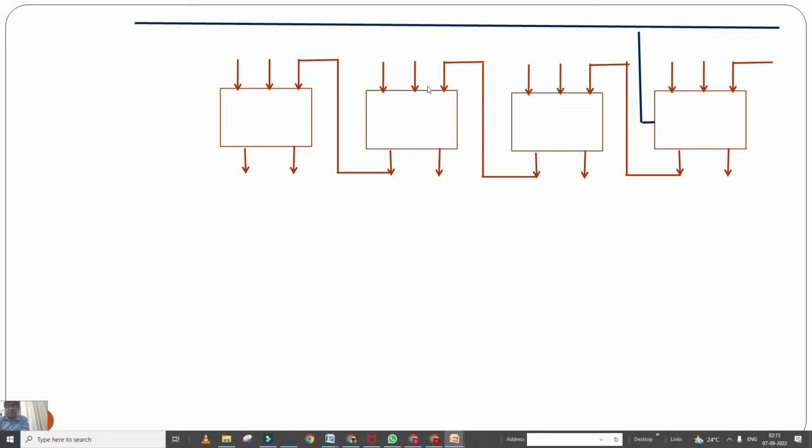To operate this device, we require a synchronized clock pulse. That clock pulse is synchronized, meaning it controls when this block will be on or off.